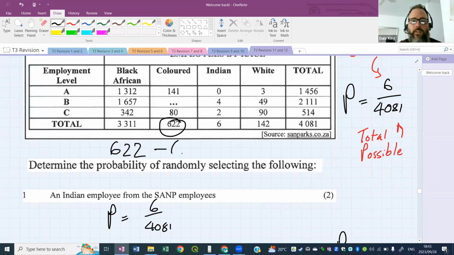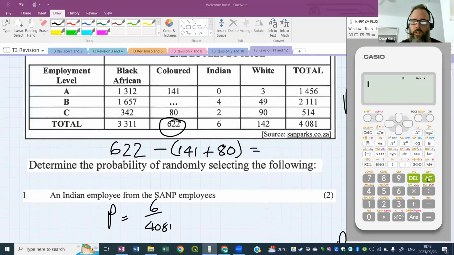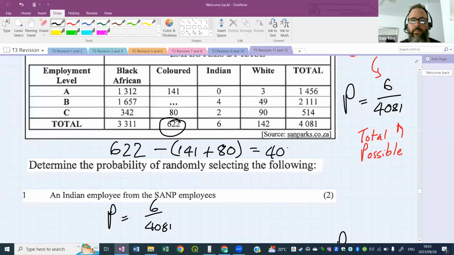So we're going to say minus the A value, which is 141, and the C value, which is 80. We're going to minus those 2 to get the value for B. So it is 622 minus, guys, don't freak out about the brackets. I just like to use brackets. It helps my brain to compartmentalize. All right, so this is 401.